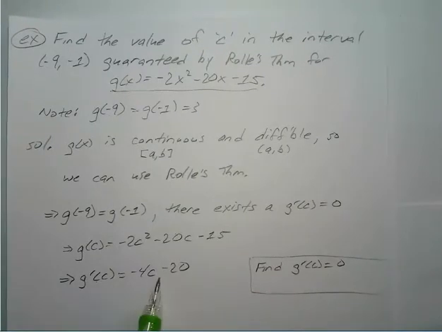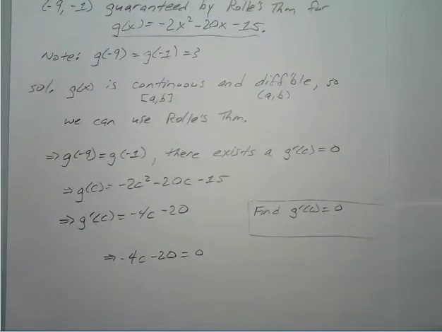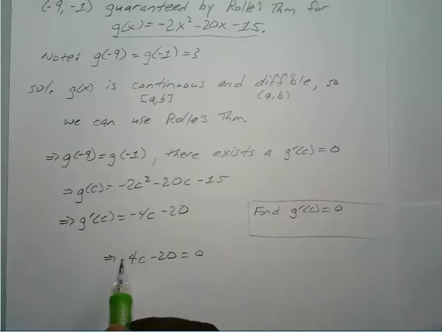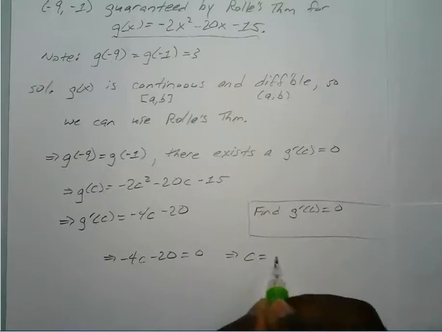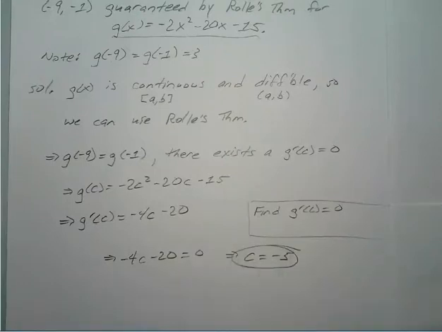Since this is our g prime of c, it's telling us to find where negative 4c minus 20 equals 0. If you add 20 to both sides and divide by negative 4, you end up with c equals negative 5.